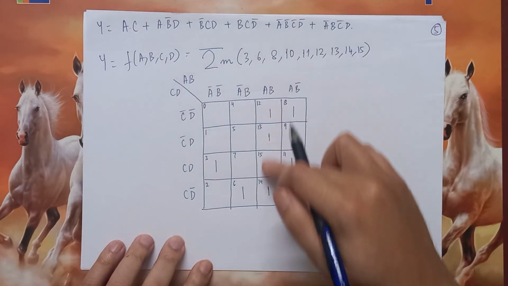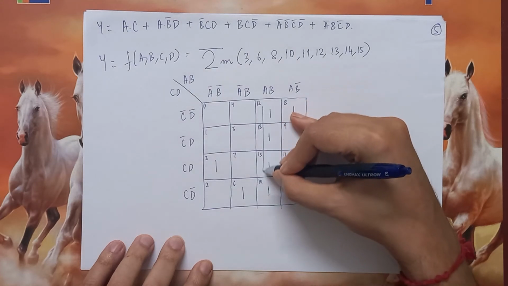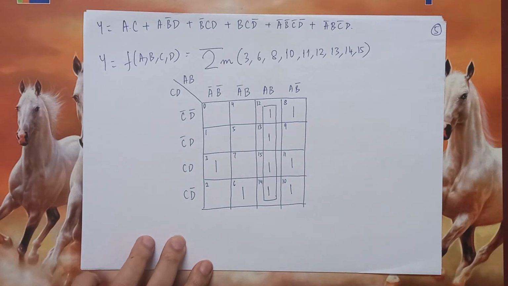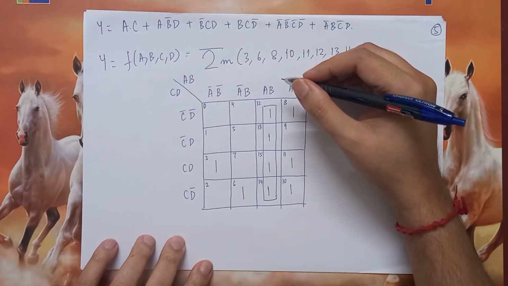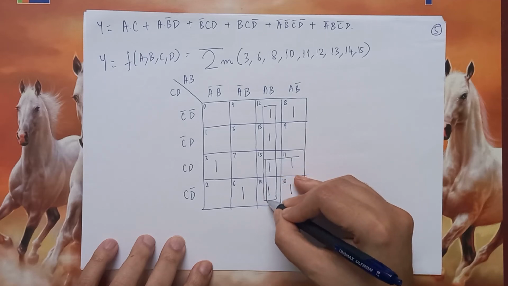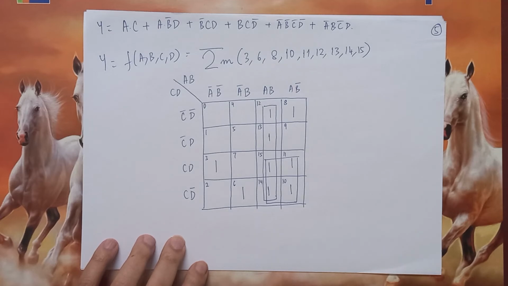Immediately, I can see there are 4 ones in a straight line. So, I can make a group this way. I can make a group this way. Then, I can make one more group by grouping these 4 ones. So I have 2 groups of 4, which is good.